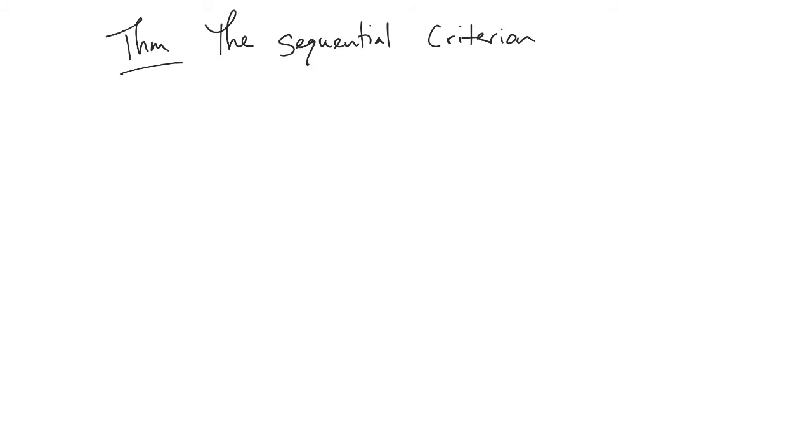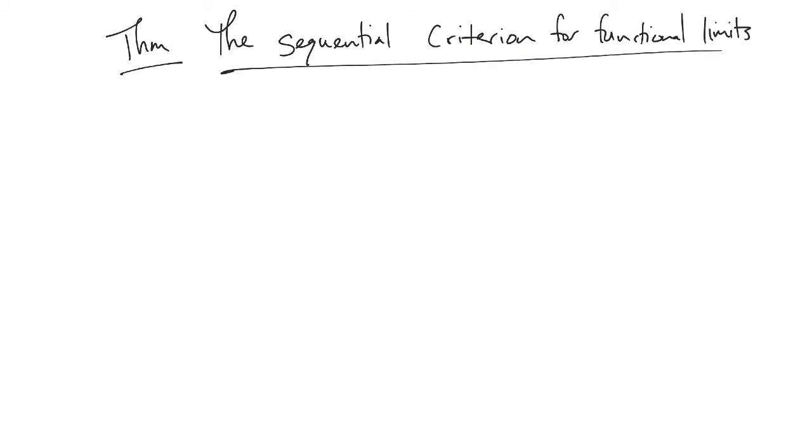So our book calls this, well, I'll write it as a theorem. It is called the Sequential Criterion for limits. Actually they say for functional limits, meaning limits of a function.